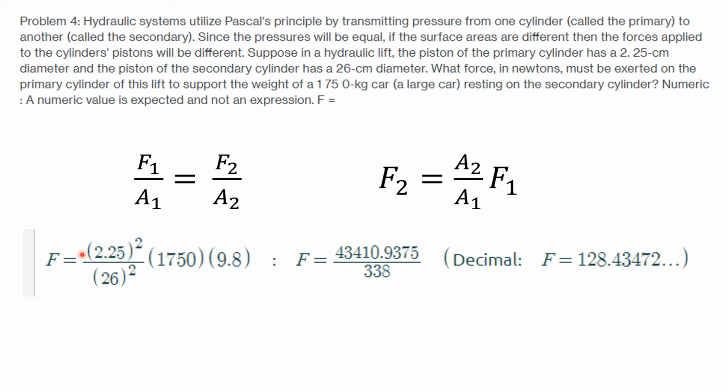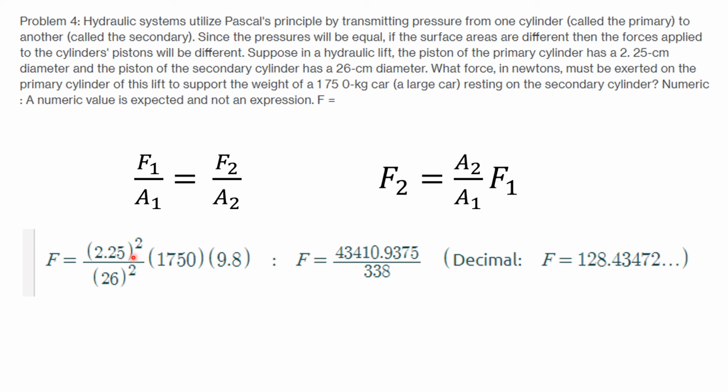We put the A2 on top, but you see this was the force that we had on the lower piston, and the area is proportional to the square of the diameter.